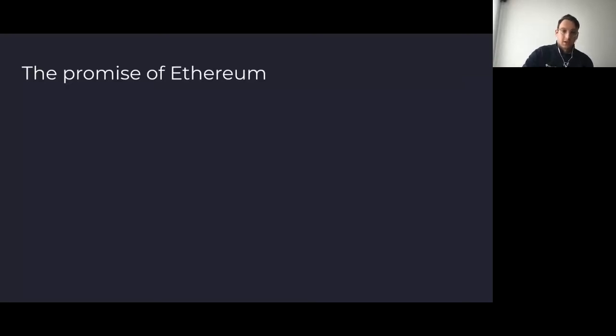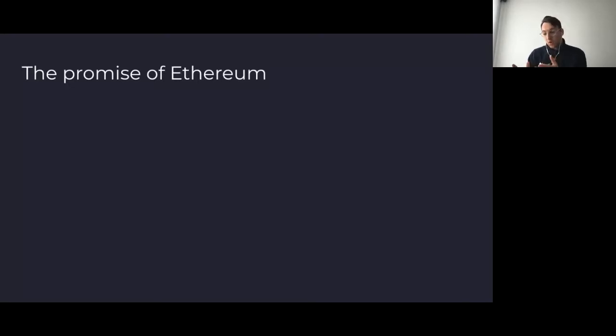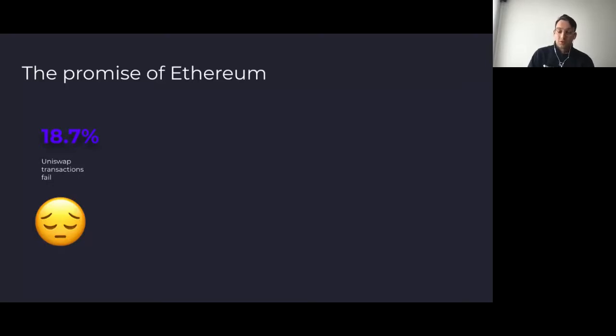Last year Ethereum was great, and our user is happy. However, let's think about what the user experience on Ethereum actually looks like for that user now. First off, if you try and use DeFi, a lot of the time what you're trying to do doesn't happen.